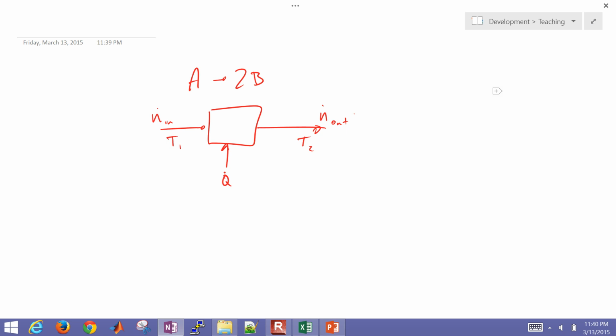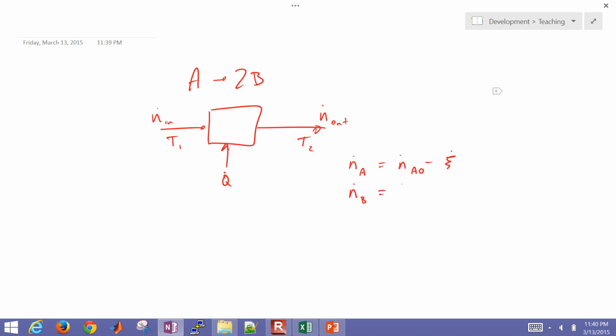Okay, so let's go ahead and do just a material balance on this, and we have N dot A, and we'll use the extent of reaction. That's going to be whatever is coming in minus, and then we'll do C, that's the extent of reaction. And then let's do material balance for B as well.